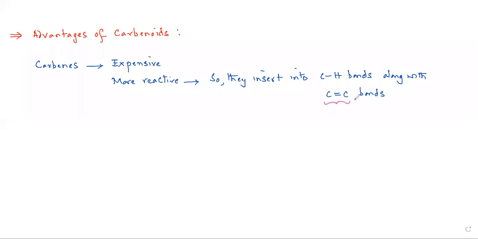The reaction of carbenes with double bonds is what is intended, but they even insert into these bonds. Because of the insertion of the carbenes into CH bonds, a whole lot of byproducts are also formed. So this is a problem.